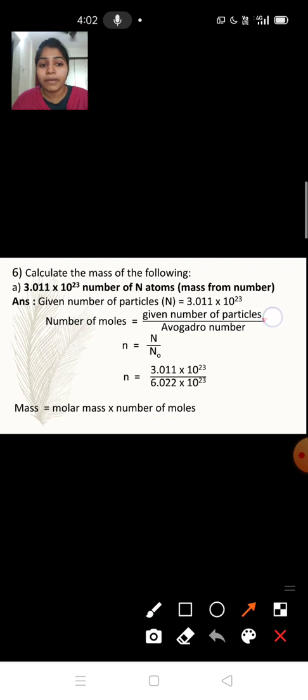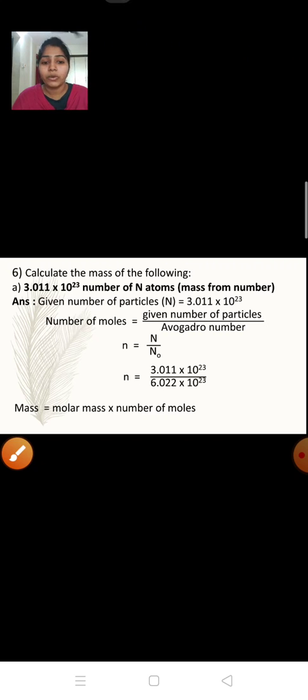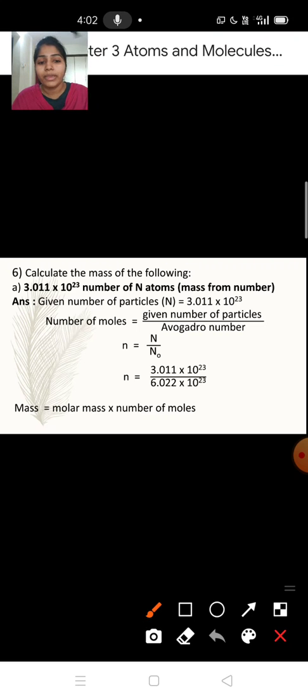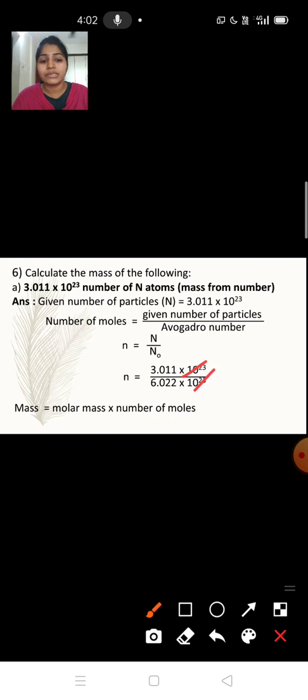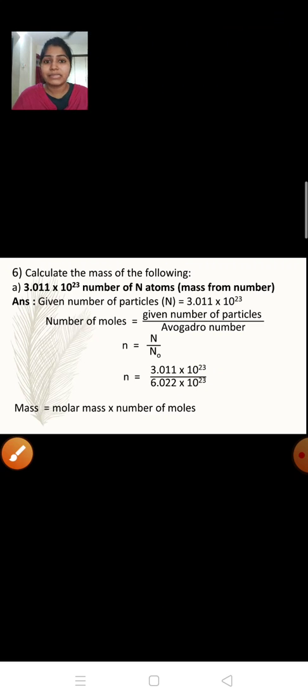We know given number of particles 3.011. We know Avogadro number, easy. So substitute the value: 3.011 into 10 raised to 23 divided by 6.022 into 10 raised to 23. So now over here what we can do? We can cancel 10 raised to 23, 10 raised to 23 and divide. So when we divide, just cancel it, do not divide it. We will do it further.